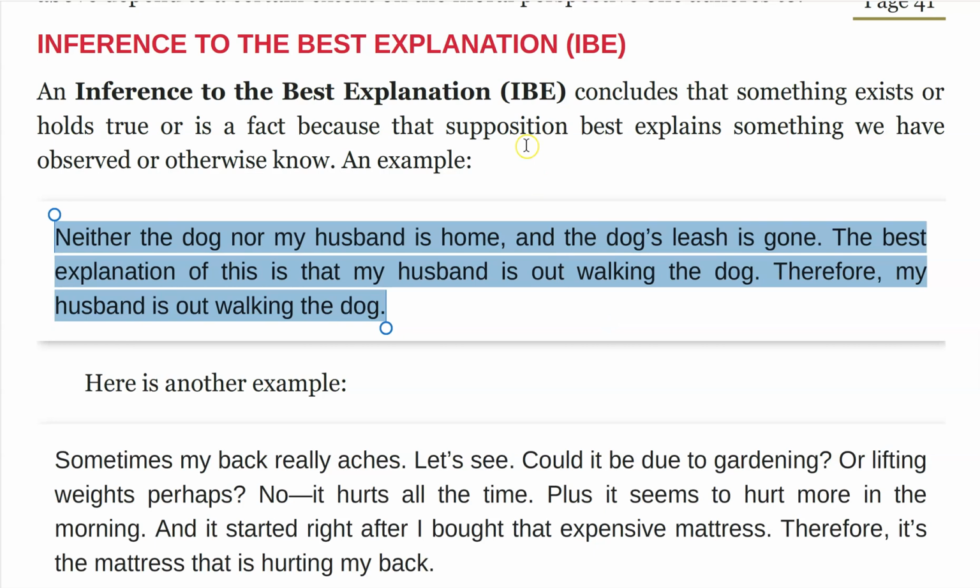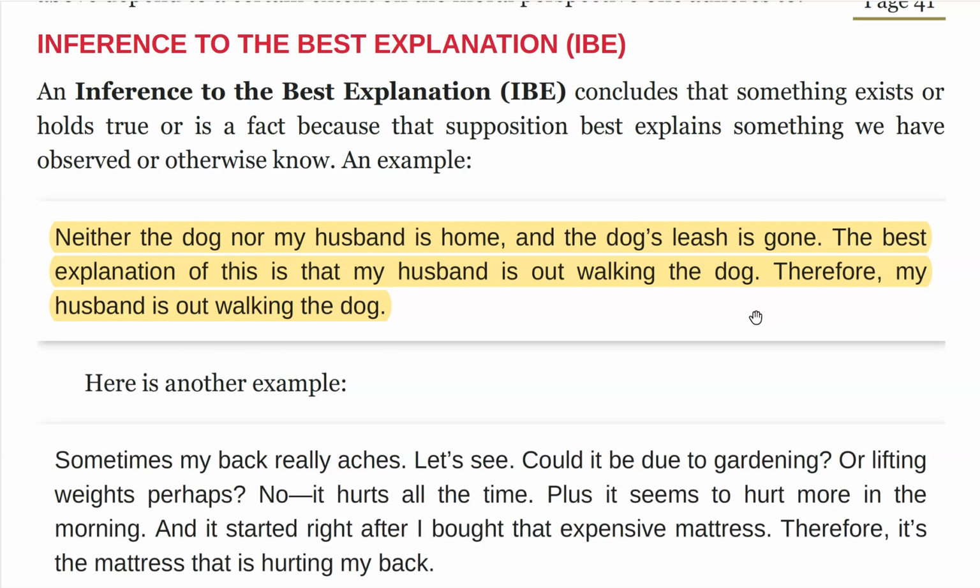So it's the best explanation in the sense that it best accounts for the available information, right? Again, you have a good relationship with your husband, and he didn't take anything else, and maybe there's a note on the counter that says, "I'm out walking the dog, honey," right?